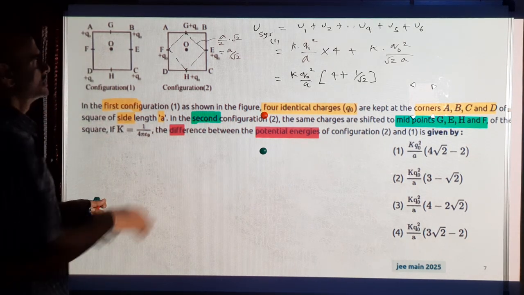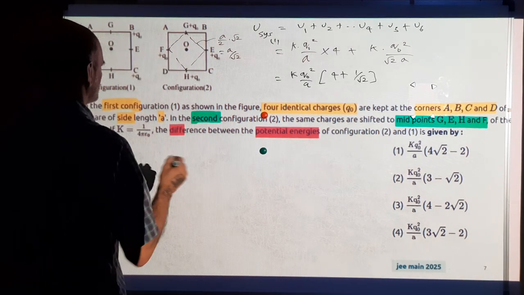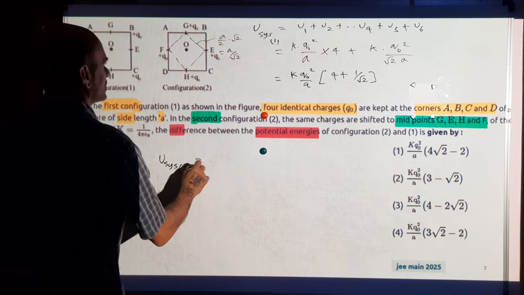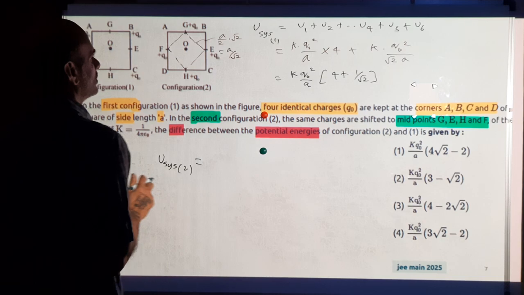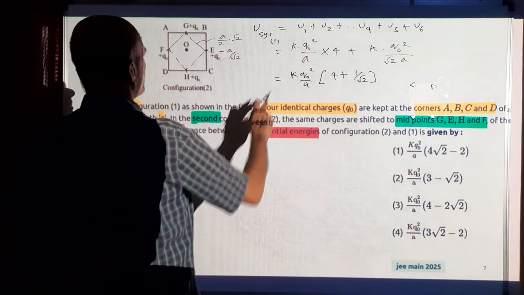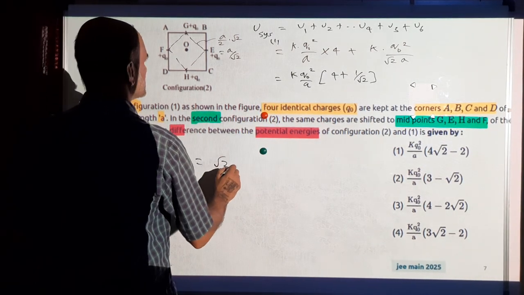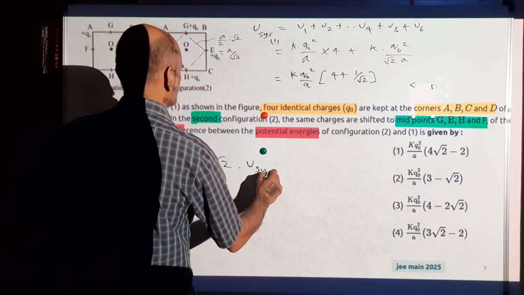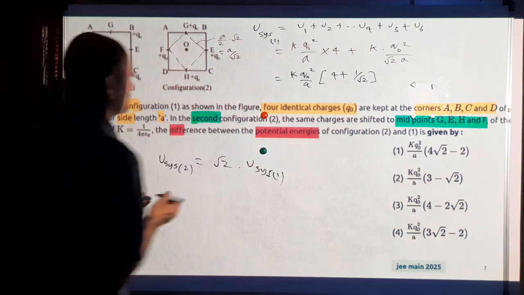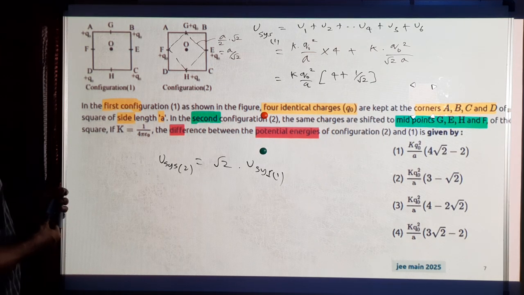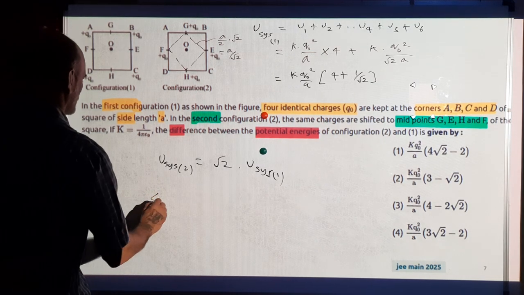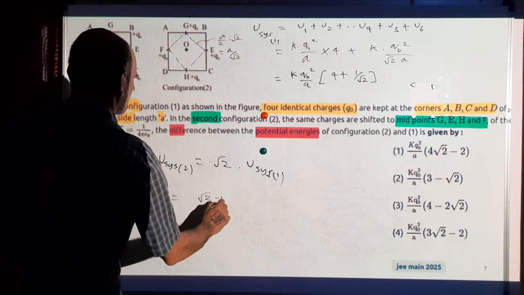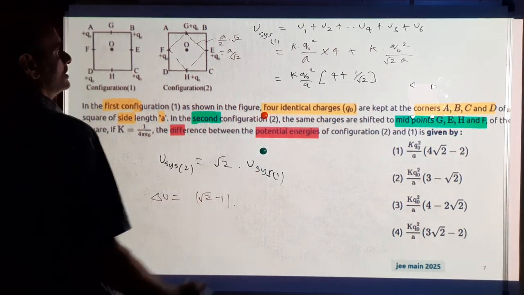So the potential of the second configuration is obtained by replacing A by A by root 2. So it will go up by a factor root 2. So root 2 times. So the difference in the energies, let me call it delta U. So it will be root 2 times root 2 minus 1 into this one.